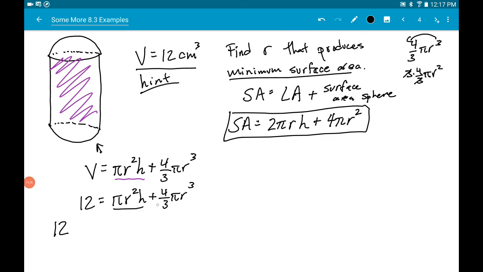So if I divide everything, again, there's more than one way to do this, but I'm going to start by dividing by pi r squared. So I have 12 over pi r squared. And that's going to leave me with h plus 4/3 r.